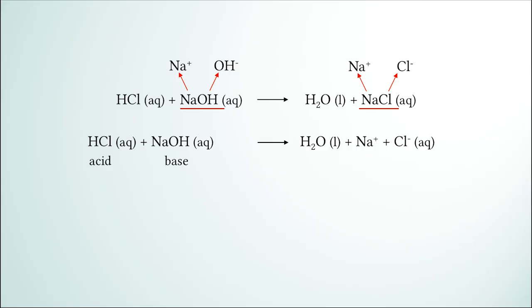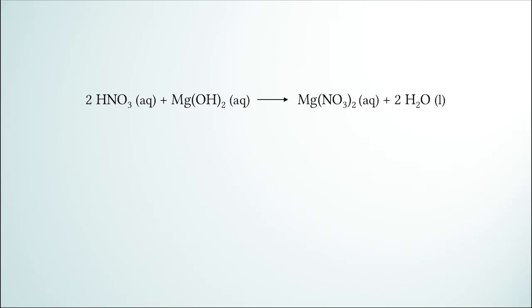Okay, one more. Determine the acid and base in the following reaction. 2HNO3 aqueous plus Mg(OH)2 aqueous produces Mg(NO3)2 aqueous plus 2H2O liquid. First, let's figure out which of these compounds is ionic and split them up into their specific ions.